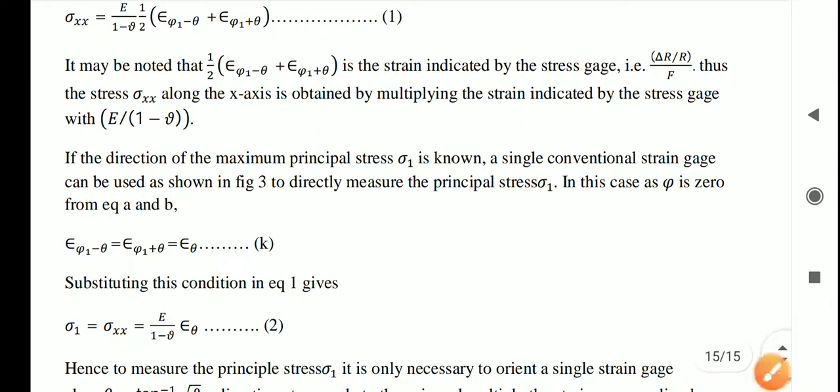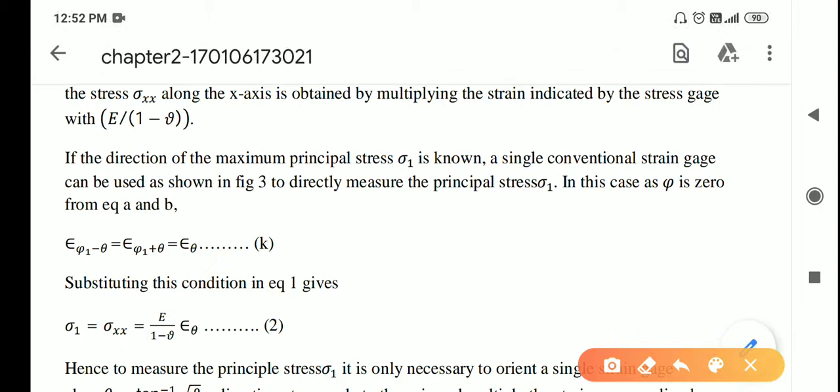On simplification, we are considering sigma 1 is known. If sigma 1 is in a known direction, then we can write epsilon phi 1 minus theta is equal to epsilon phi 1 plus theta is equal to epsilon theta. Then we can just substitute this epsilon theta. So the equation of sigma 1 is equal to sigma xx, E by 1 minus nu into epsilon theta.